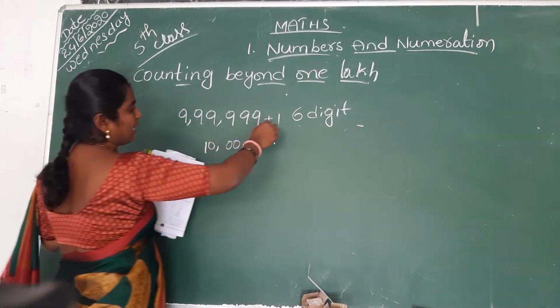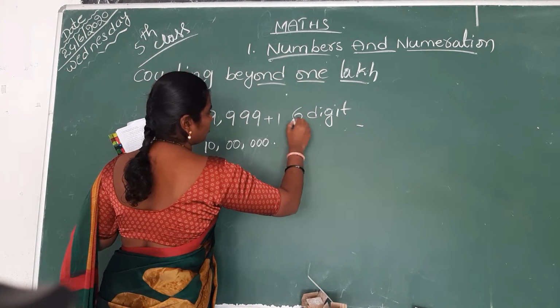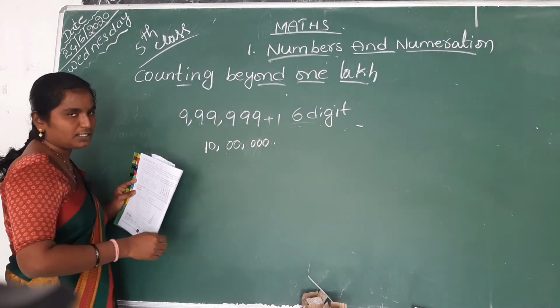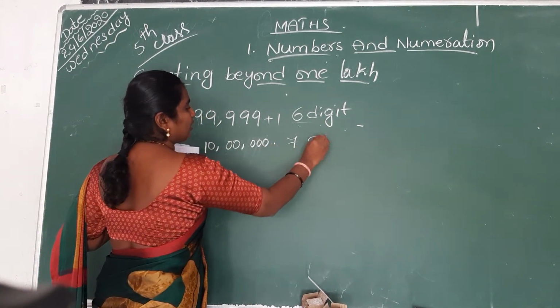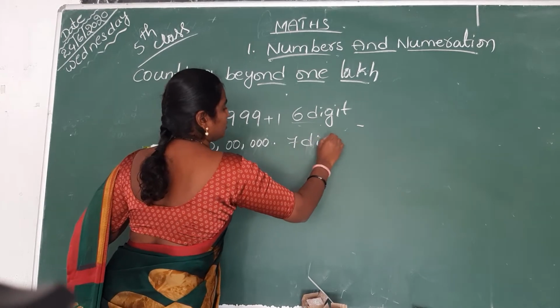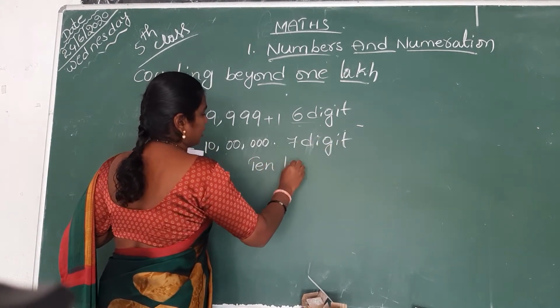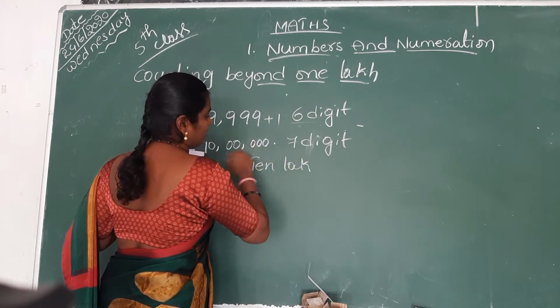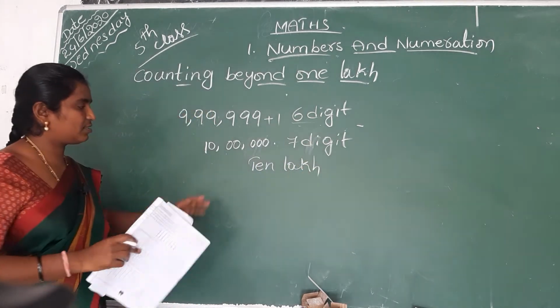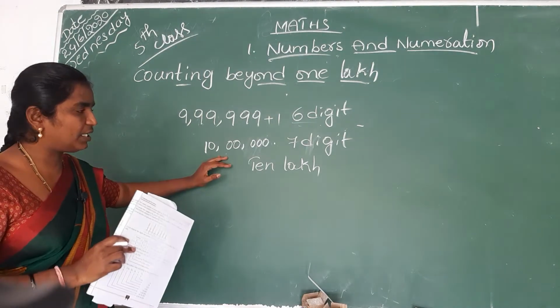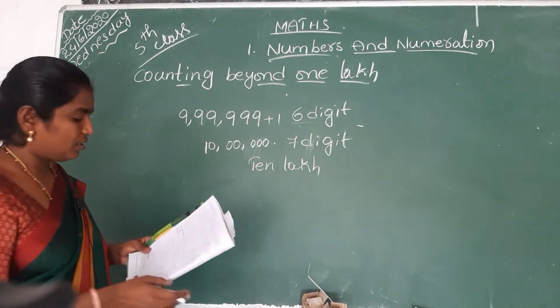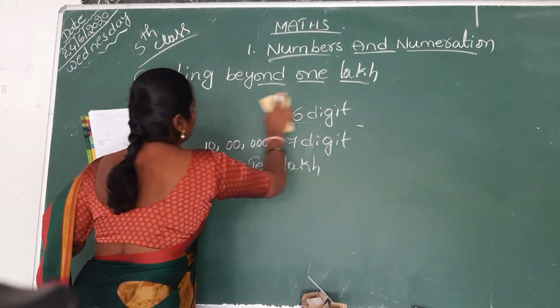But in lakhs we write only 6 digits, and now we got 7 digits, which means it is 10 lakhs. This is the starting number for 10 lakhs. So this is the counting of lakhs.